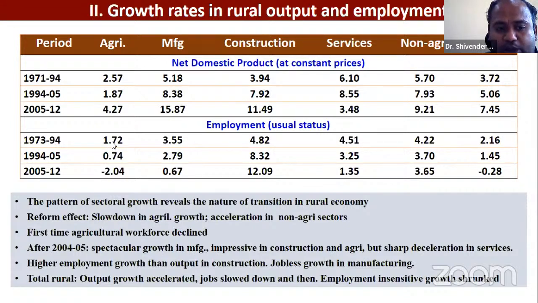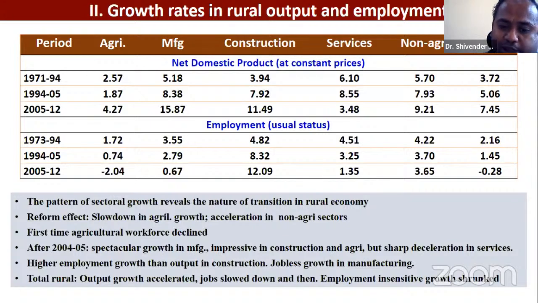Earlier it was 2% and then decelerated, and in recent years, from 2004-5 to 2011-12, it decreased by about 2% or so. So it shows that workers are shifting from agriculture to non-farm sectors, and within the non-farm sectors, mainly they are going to the construction sector. I did one calculation which shows that out of the total workforce moving and joining non-farm sectors, about 75% are joining the construction sector and the rest the manufacturing and services sectors.